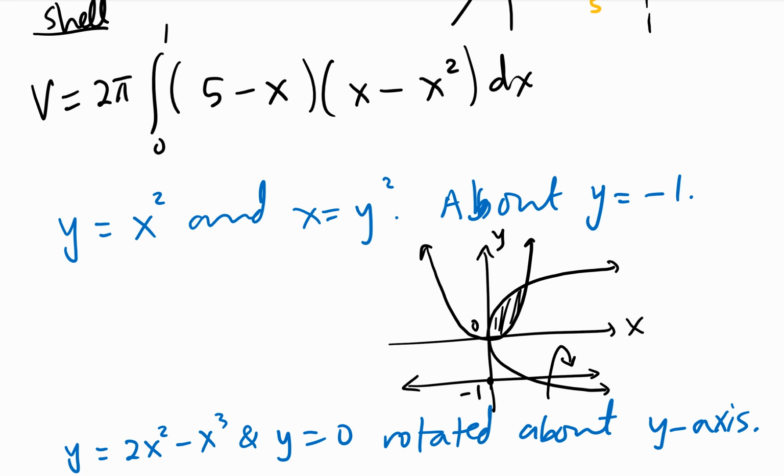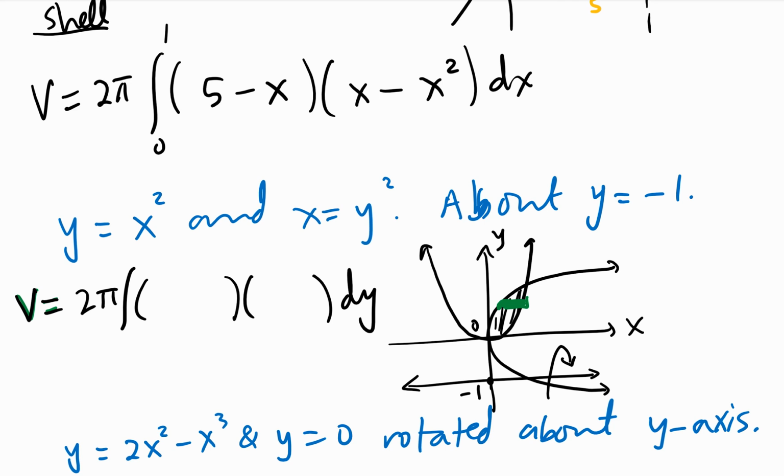So with shell method, the volume is 2 pi integral. The rectangle must be parallel to the axis of revolution for shell method. So I have a dy here.